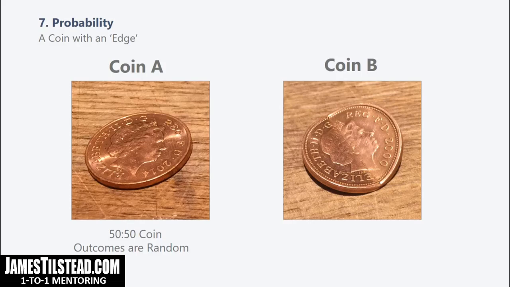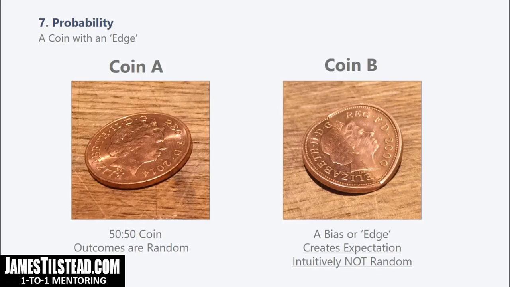But coin B has been bent slightly to give it a slight bias for landing on heads, although I can't say exactly how likely. The exact edge is unknown, but there is certainly an edge. But in bending the coin and creating that edge, I've now created some expectation for a particular result. I now expect to see more heads if I flip that coin multiple times.